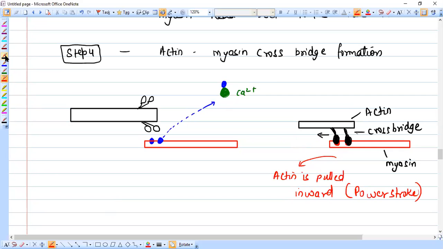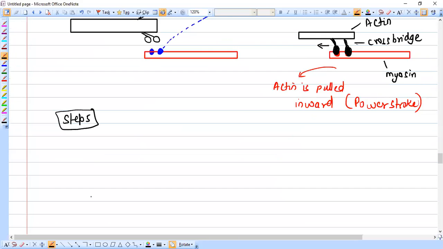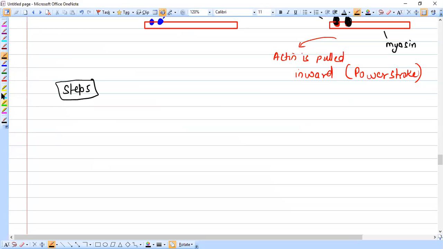Now the last step comes for muscle contraction, that is step number 5. This is the sliding filament theory. Step 5, myosin head moves backward. Now it will leave. So the myosin head moves backward.